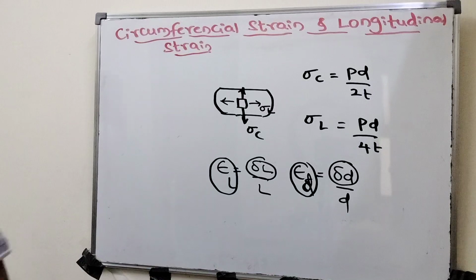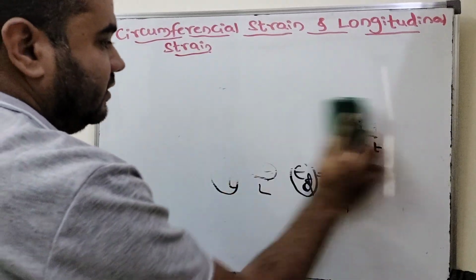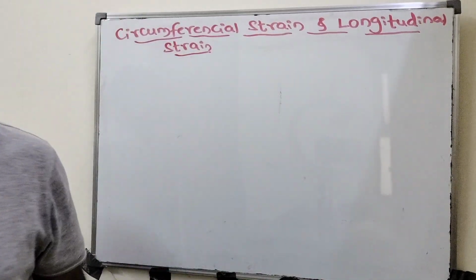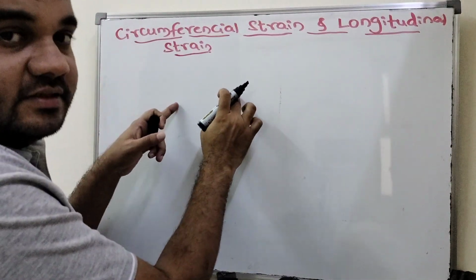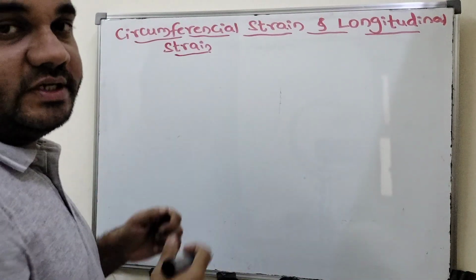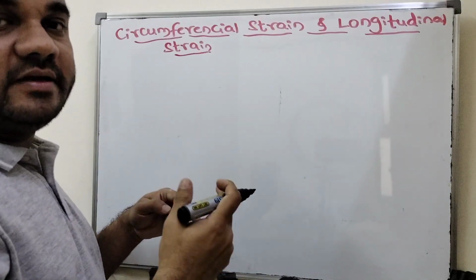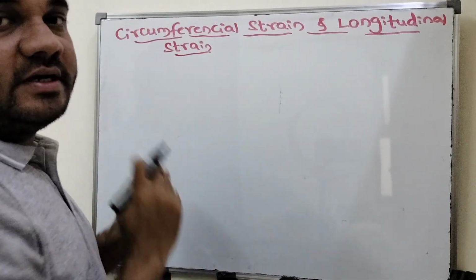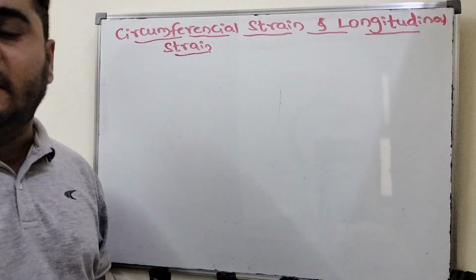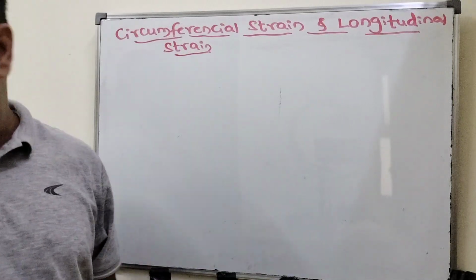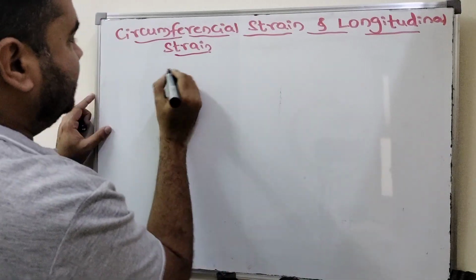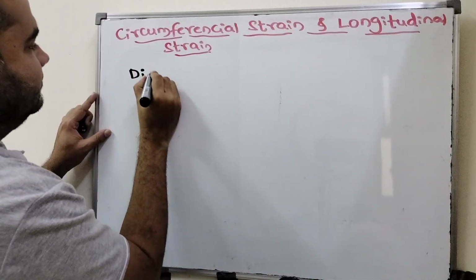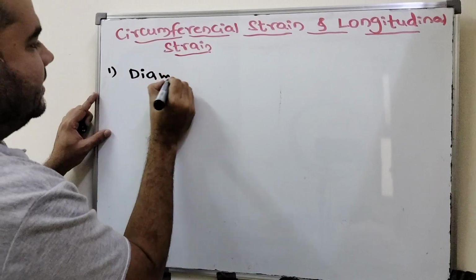Now, as we know, there is a diameter change, a length change, and also a volume change. Volume change we will see later. First, how much change in diameter and how much change in length we will derive. First, the diametrical change.